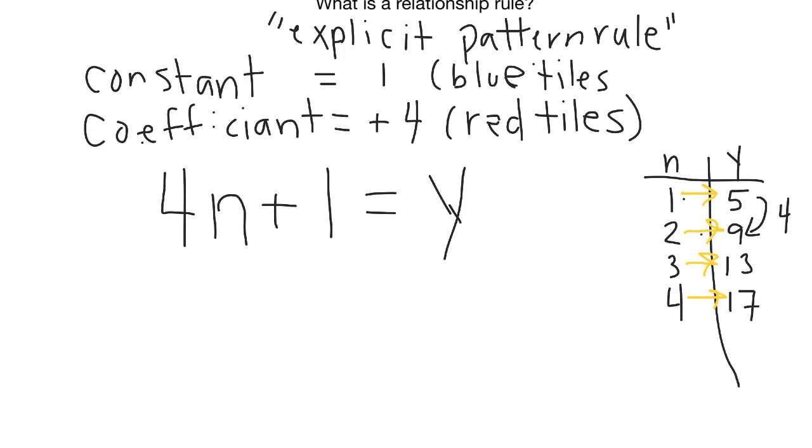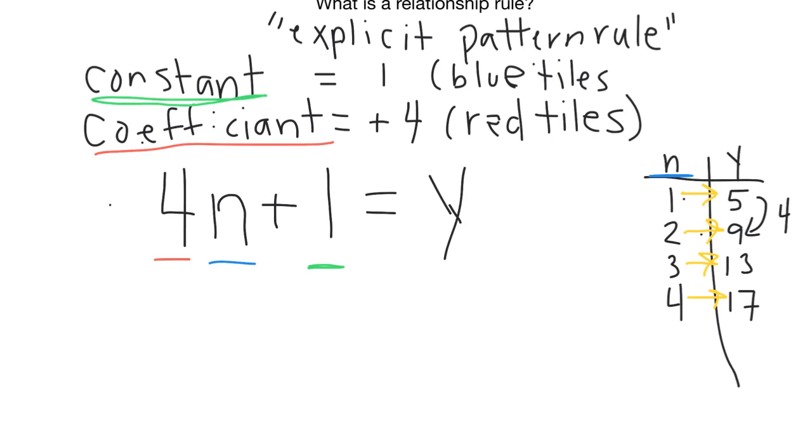And so we can probably guess that we'll be able to use this kind of a formula: the coefficient multiplied by the term number plus the constant, in order to find what the relationship rule is for these kinds of patterns that grow by a certain number each time.